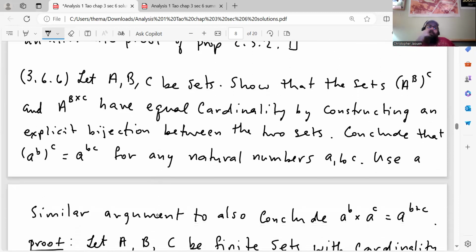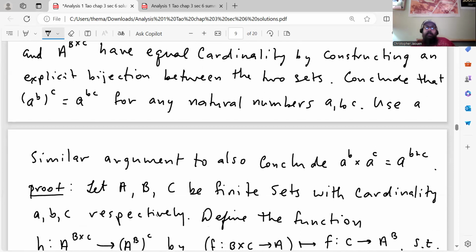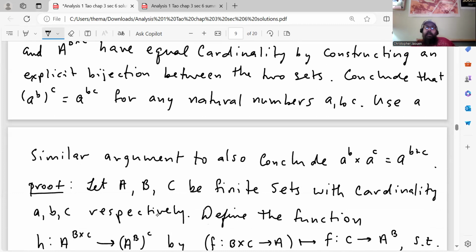All right, 3.6.6. Let A, B, C be sets. Show that the set of all functions from the set C to the set of all functions from B to A, and the set of all functions from B times C to A have equal cardinality by constructing an explicit bijection between the two sets, and then conclude that A to the B to the C equals A to the B times C for any natural numbers A, B, C, and then use a similar argument to conclude that A to the B power times A to the C power is equal to A to the B plus C power.